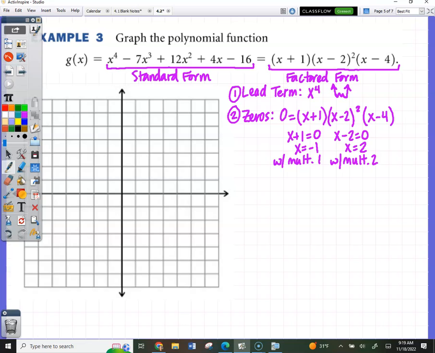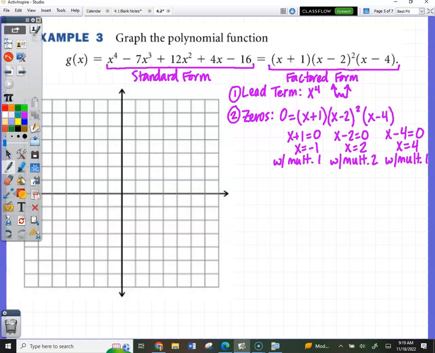What zero comes out of the third one? 4. What multiplicity? Don't you love this? It's the same steps over and over. And it's always pretty because of the rules of the polynomial. It's nice, pretty integers. Okay.